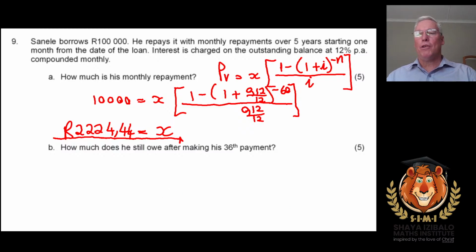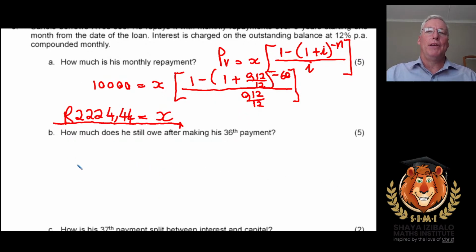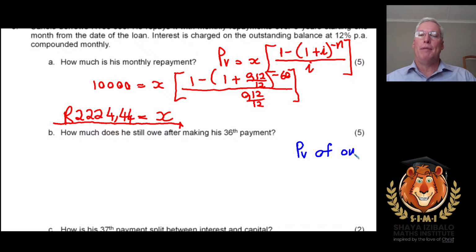Now we've got the question: how much does he still owe after making his 36th payment? There are 2 methods of working this out. In the case where we know exactly how many payments he has to make and how many he has made, we can find the present value of the outstanding payments.